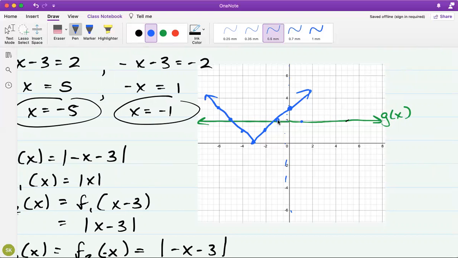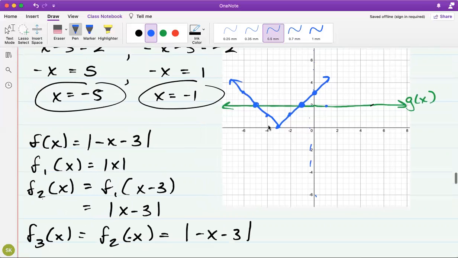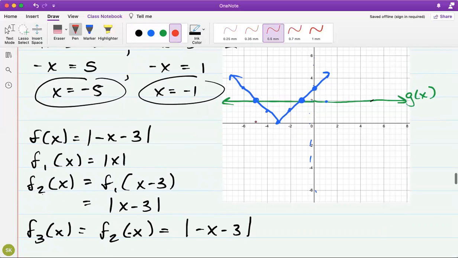Okay, now we look and see where these cross. Now, I didn't do a very good job of connecting these dots, did I? Right here. Where do we cross? We cross at -5 and at -1, just like we have up here.